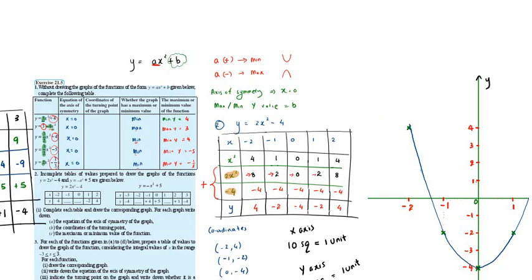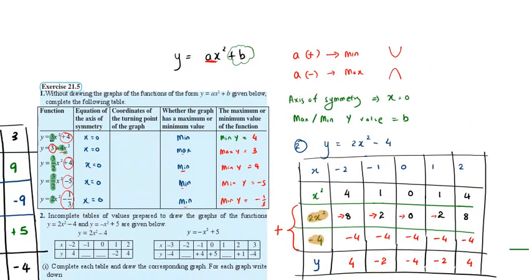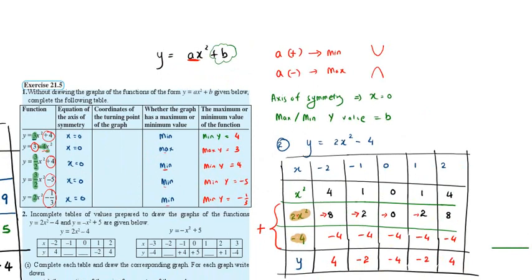So the shortcut that I want to show you here is the turning point shortcut. Turning point, I'll write over here. Children, in all these ax square plus b type graphs, the x coordinate of the turning point is always 0. It's always going to turn on this axis, therefore its x value is 0.